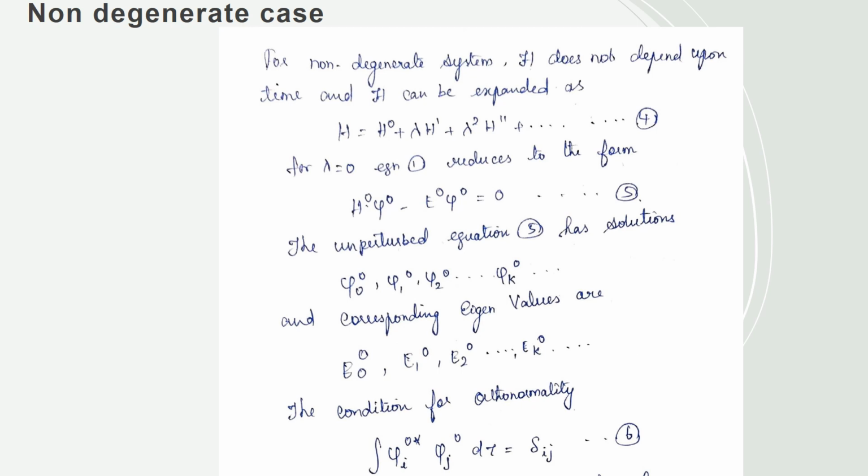We know the condition for orthonormality is integral psi star i psi j d tau is equal to 0 if the given function is orthogonal, and it is equal to 1 if the given function is normalized. So it can be represented by the Kronecker delta symbol.